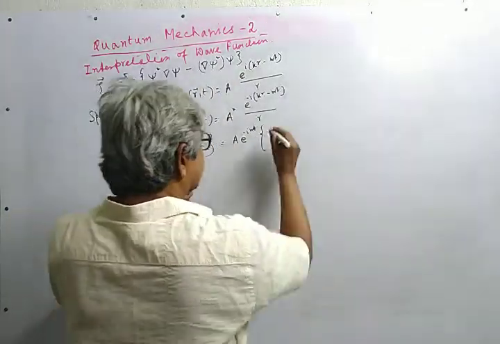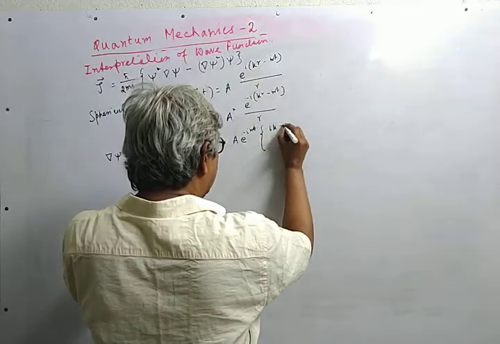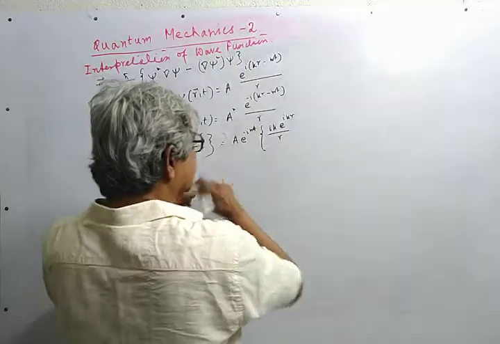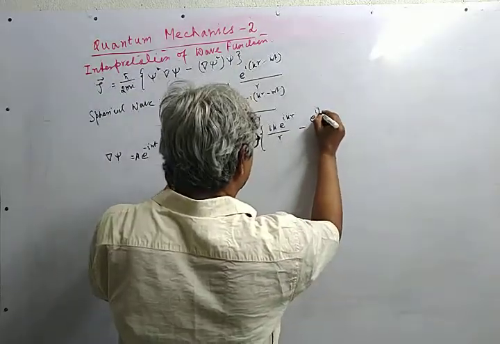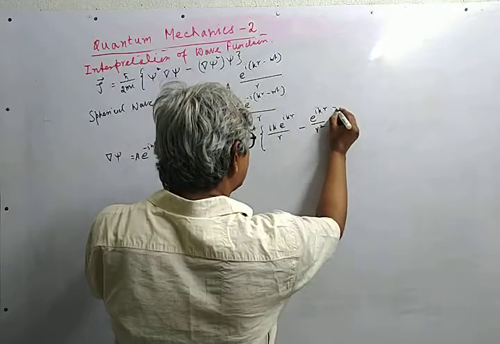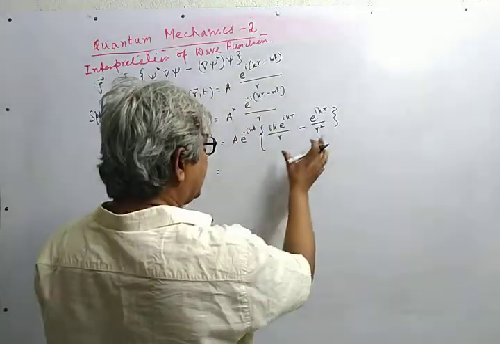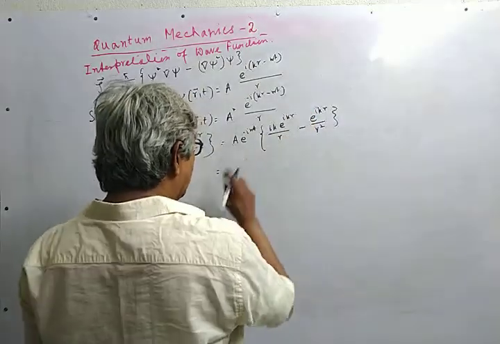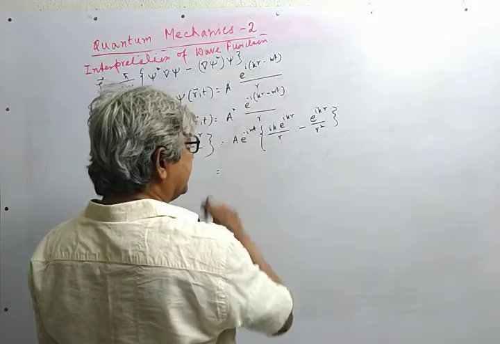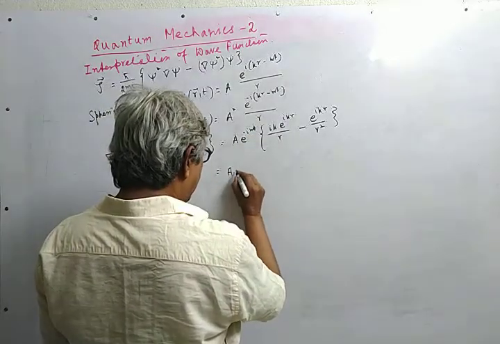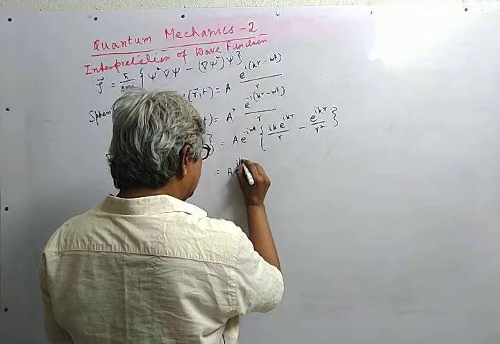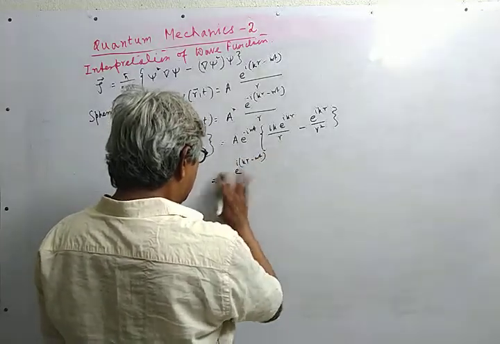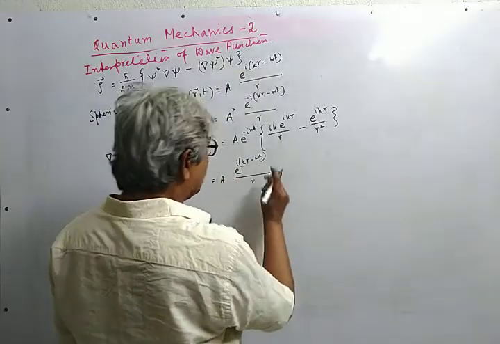When it operates on this, it is ik e to the power ikr by r, and when it operates on this, it is minus e to the power ikr upon r squared. So if we take ik e to the power ikr by r common, I get a e to the power i(kr minus omega t) by r taken common.